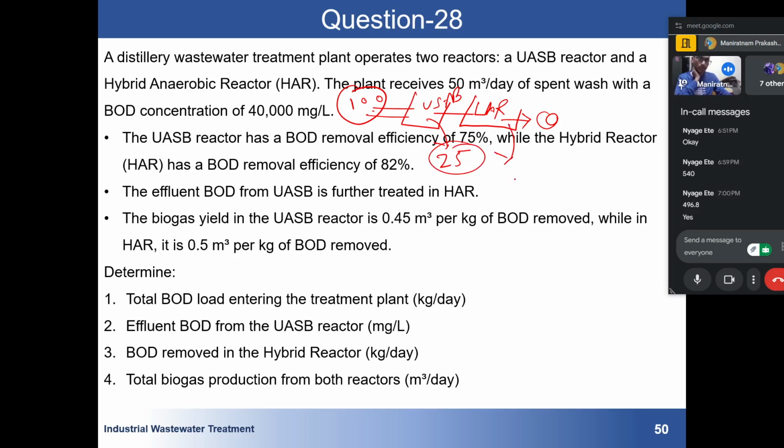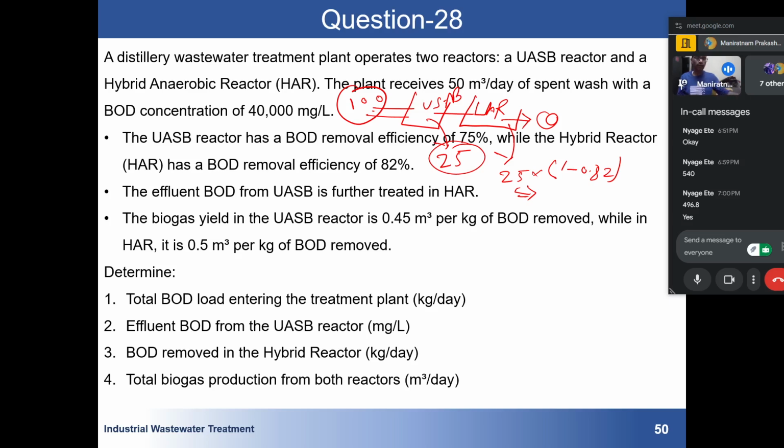So the concentration coming out will be 25 into 1 minus 0.82.